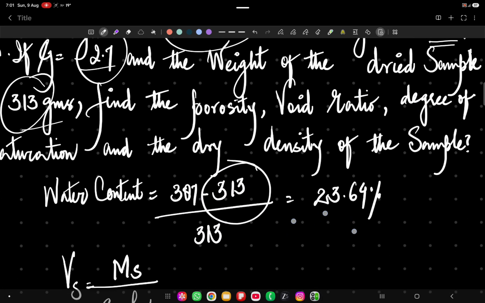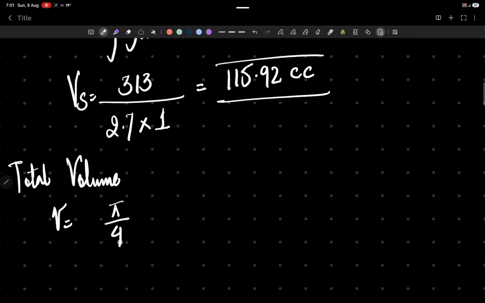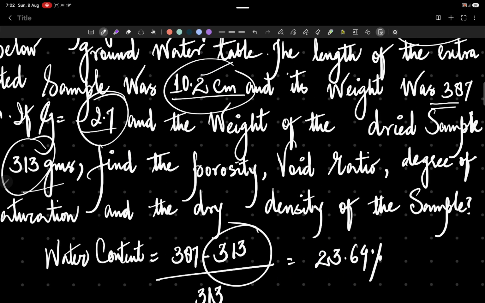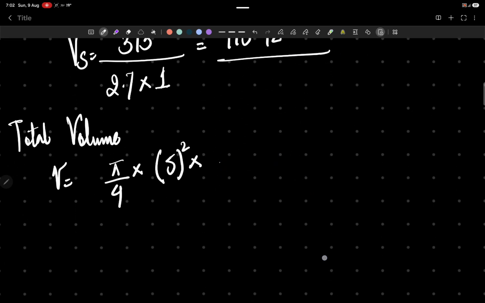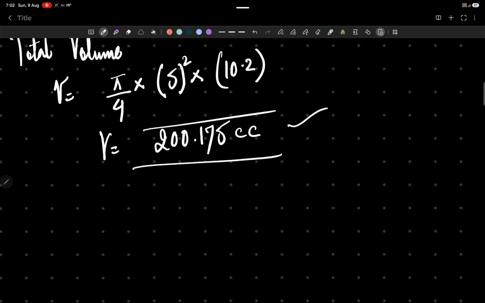It is a sampling tube, so volume will be pi by 4 d square into L. d is 5 centimeters and length is 10.2 centimeters. So volume will become 200.175 cc.